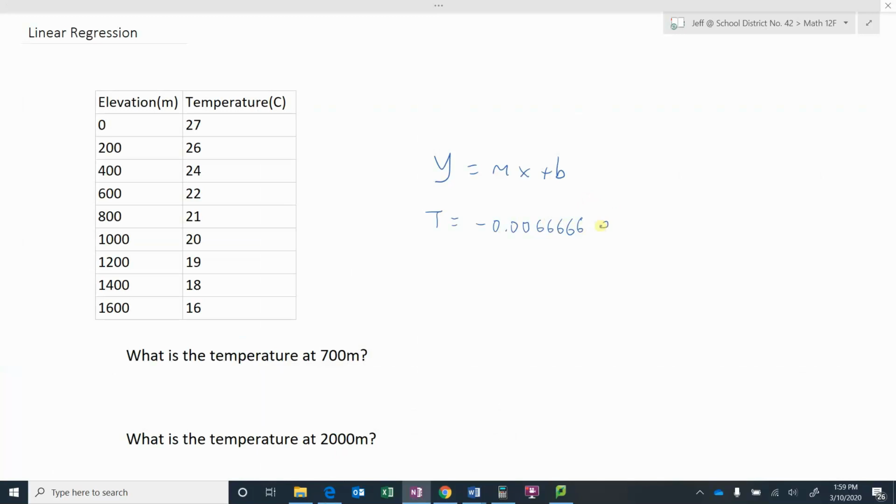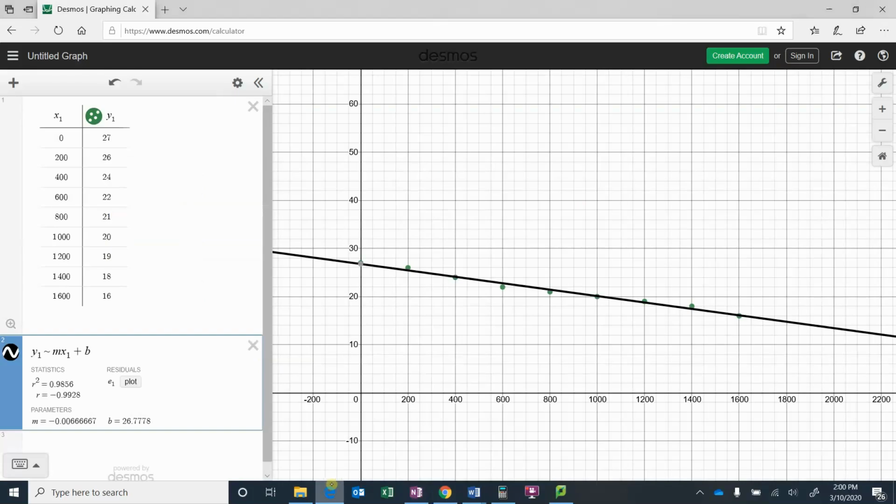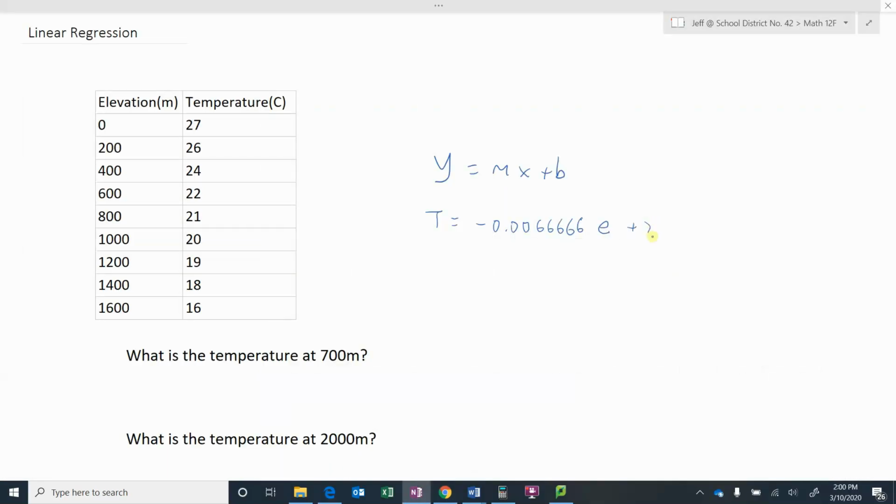So let's do E for elevation, plus our y-intercept, which was 26.7778. Bunch of 7s and an 8. That's a 7, so we're not confused.